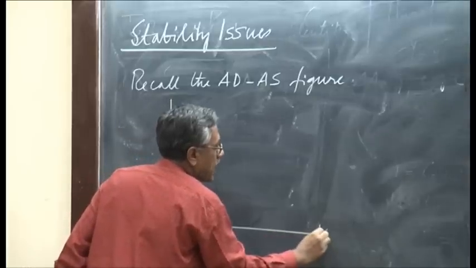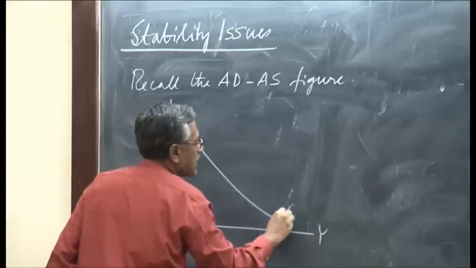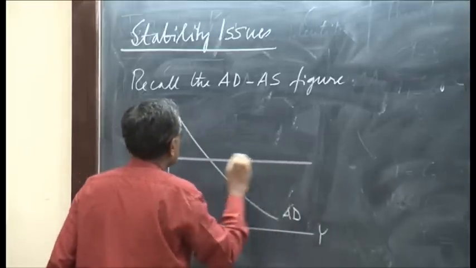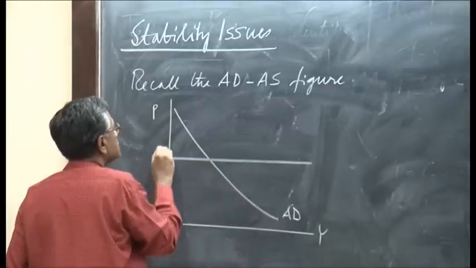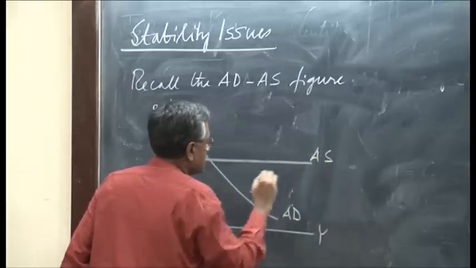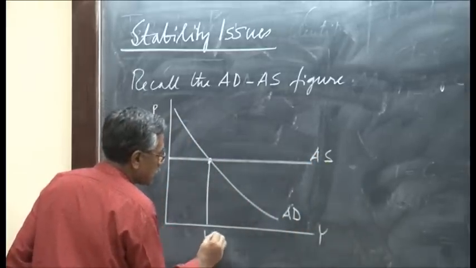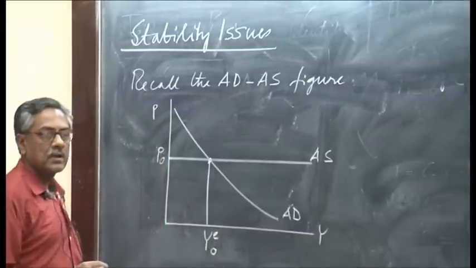You had Y here, price here, and suppose this is aggregate demand and this is aggregate supply. This is price, P, this is aggregate supply. And you call this the equilibrium point, call that YE naught, the equilibrium level of income.